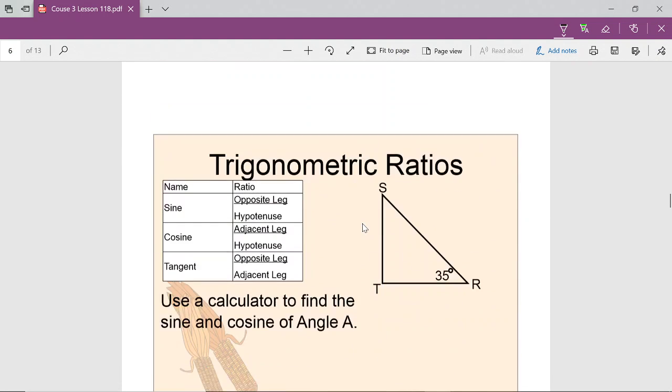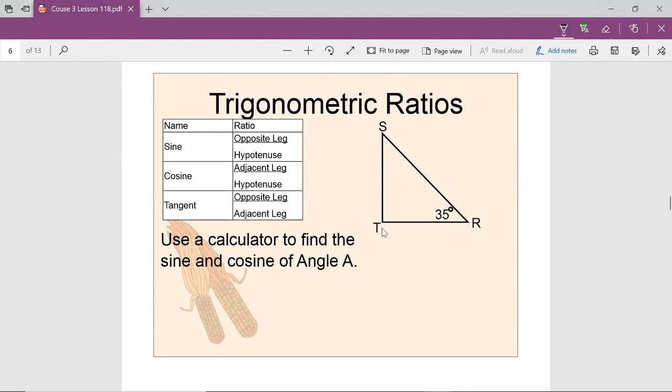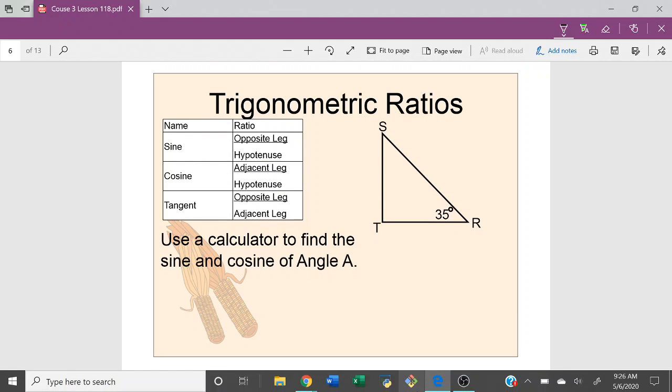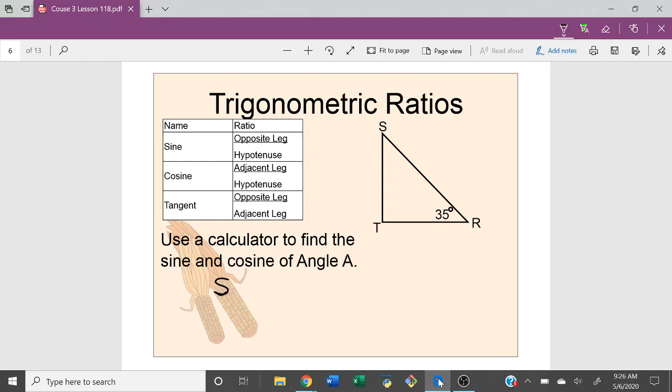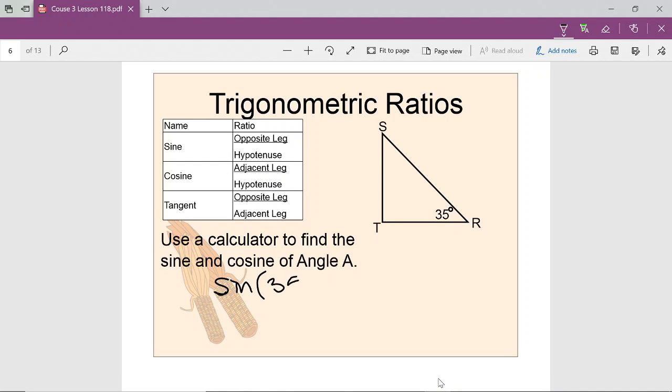So let's try it for a different amount like 35. Let's find sine and cosine of angle A. Okay, so if I want this, then I'm going to be doing sine of 35 degrees, and this should be angle A, B, C here. I'm not sure why it was messed up, but that's okay.